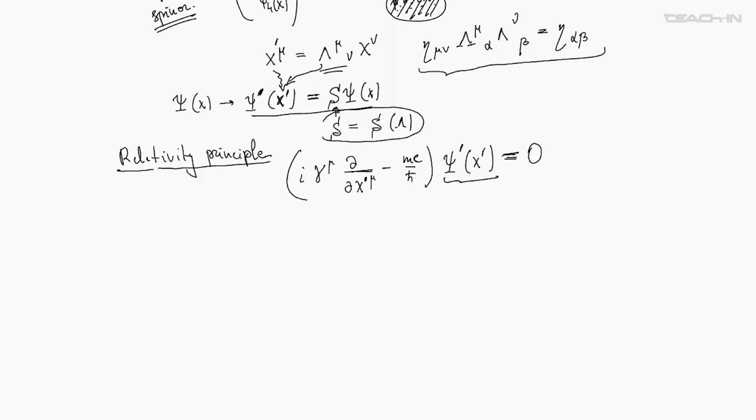So, to proceed, I want now to return to the original form of the Dirac equation, which would allow me to relate psi prime of x prime with psi of x. To do this, I need first to look at the derivative, d over dx mu. I can write it as dx prime nu over dx mu, times d over dx prime nu. So this is a transformation of the derivative under the change of coordinates. And this derivative, dx prime nu over dx mu, is found from the formula for x prime. I just need to differentiate x prime, and what I get is lambda nu mu d over dx prime nu.